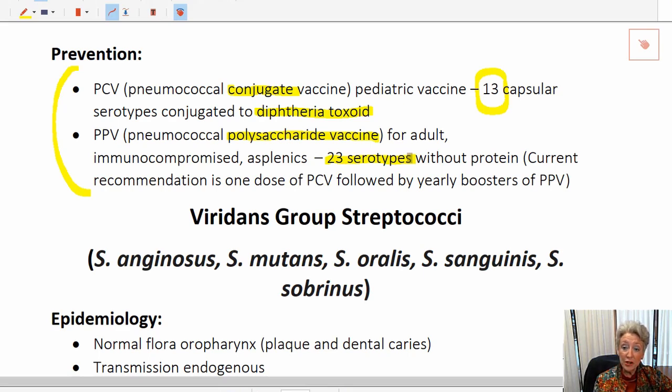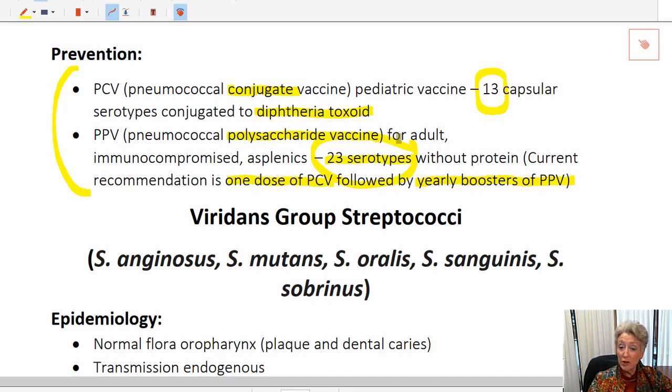So the current recommendation by the Centers for Disease Control is to start with the pediatric, and then in the case where we've got elderly patients, 65 and beyond, we would go for yearly boosters with the polysaccharide one, just so we get those additional serotypes covered.